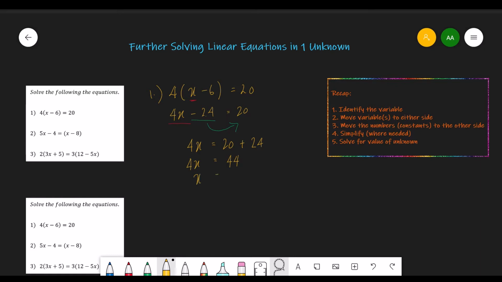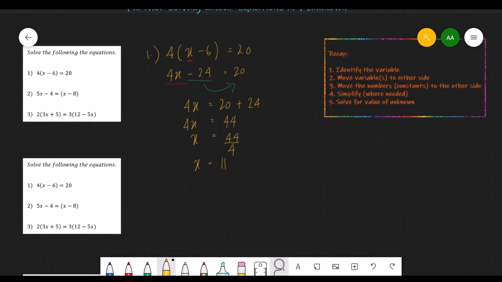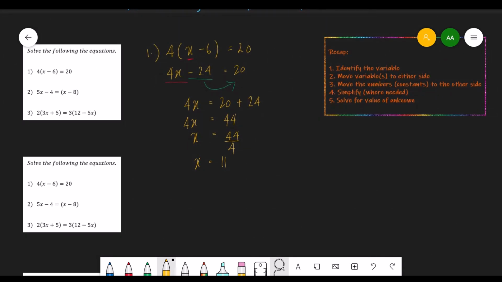Therefore, x equals to 44 divided by 4, x equals to 11. So in this example, what we need to do is to expand first, get all the terms, and then we proceed to move them to the left and right, and then simplify, and then lastly is to solve for the value of the unknown.